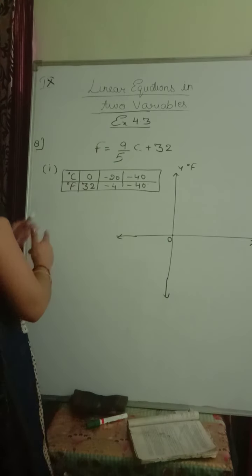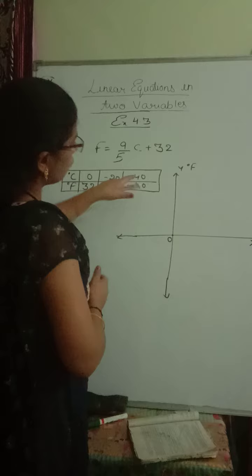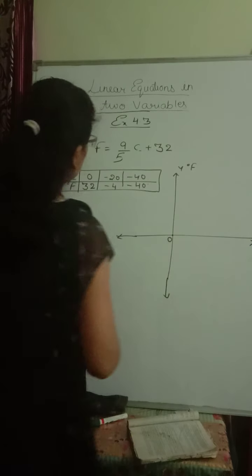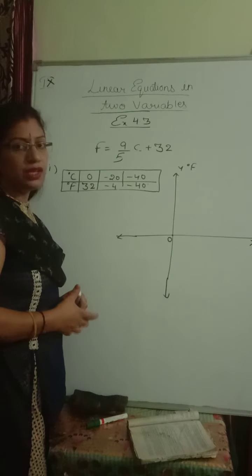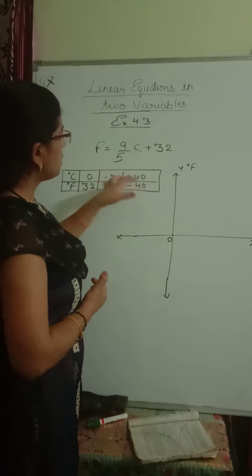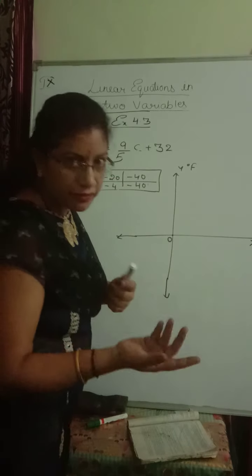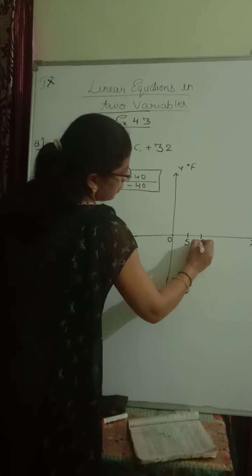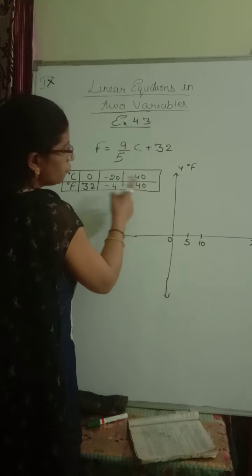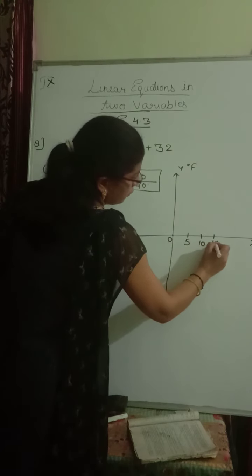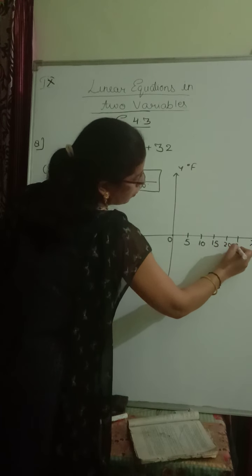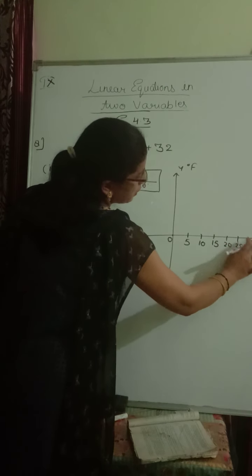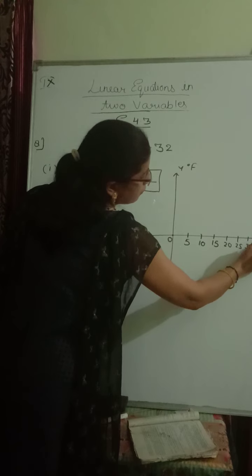So now substitute. See, I have 0, -20, 40. Here at the bottom we need 0. Upside this is the value. Now from 0 to minus 10, minus 40, I can take a gap of 5. Okay, so let me take a gap of 5: 5, 10, 15, 20, 25, 30, 35 and 40.